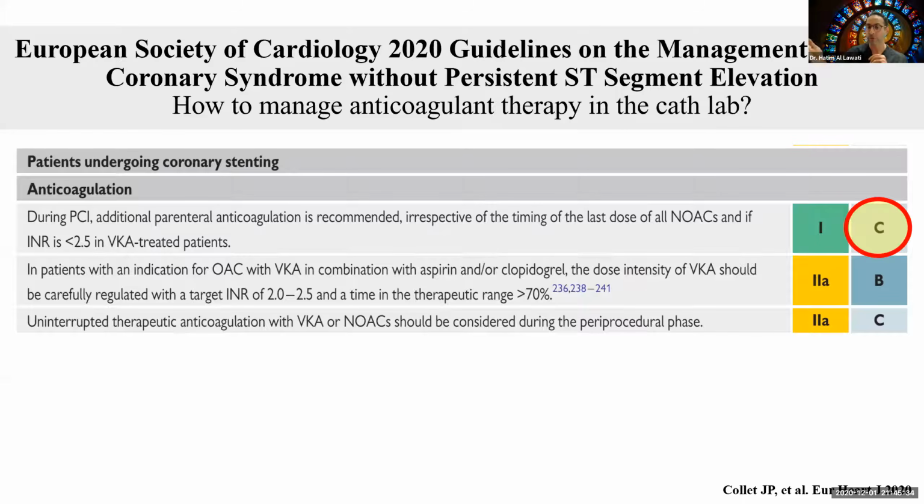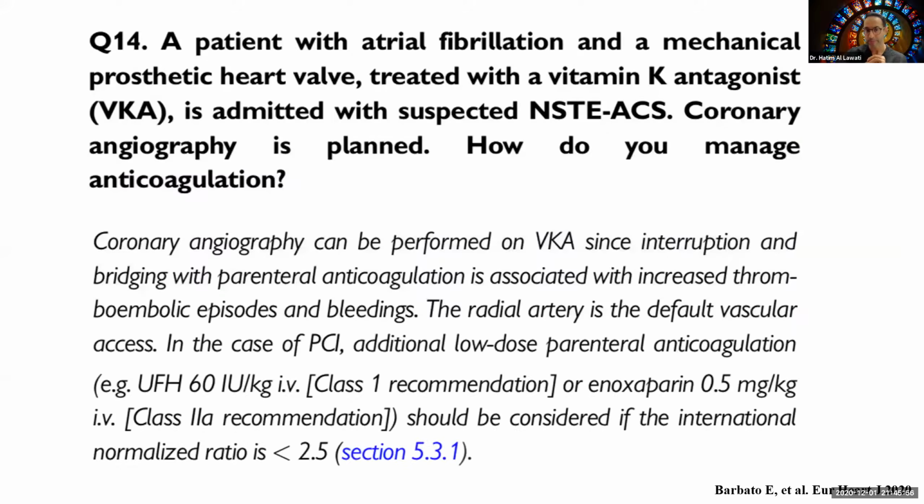If it's 2.5 or more, you don't need to supplement additional heparin to support your procedure. It's a class 1 recommendation, right? But it's based on expert consensus opinion, right? So again, highlighting the fact that there are no randomized controlled trials to address this very vital question.